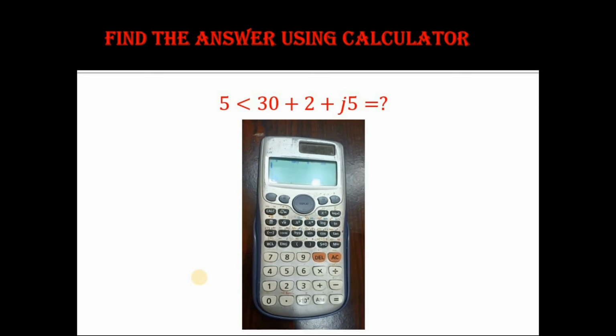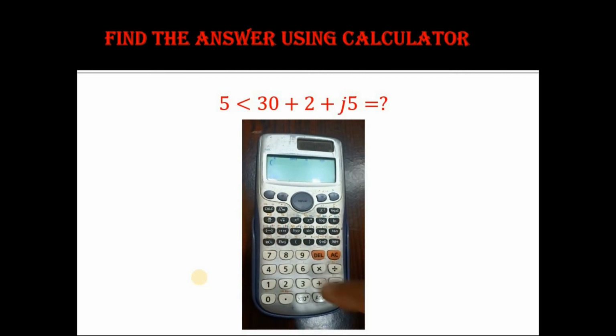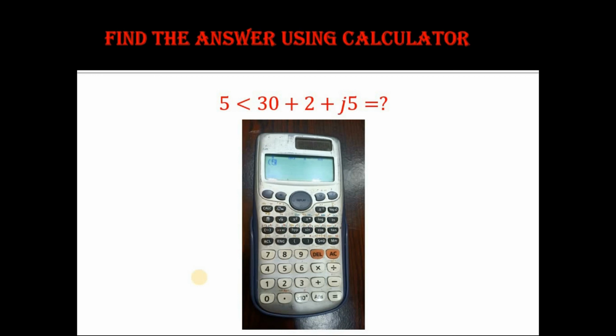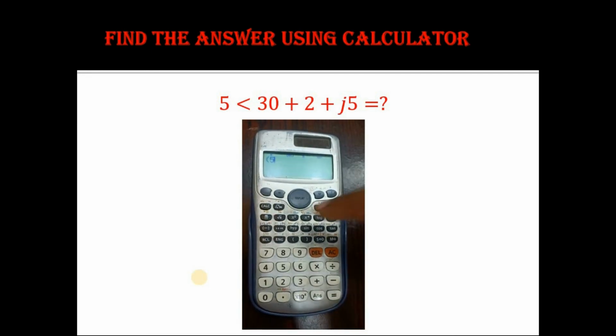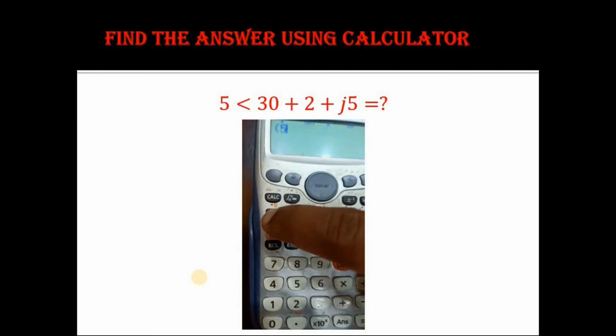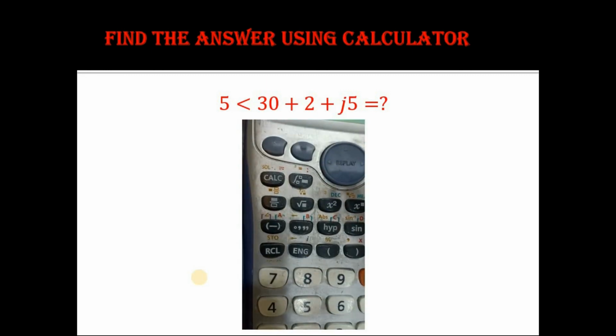Now enter 5 angle 30 inside bracket. So open bracket, enter 5, and angle symbol is above this minus button. There is one minus sign inside bracket above RCL.